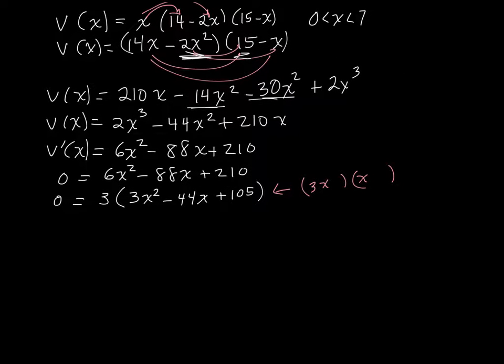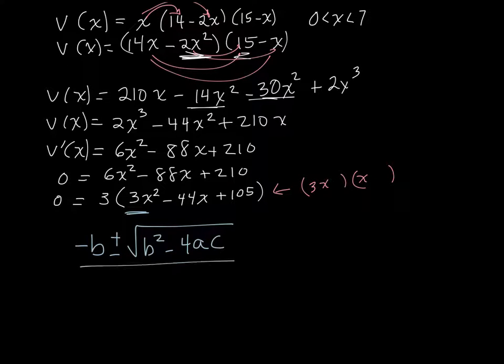And I always tell students, and in this case, this doesn't factor nicely, if I have a quadratic, then why not use the quadratic formula? Minus b plus or minus the square root of b squared minus 4ac over 2a.